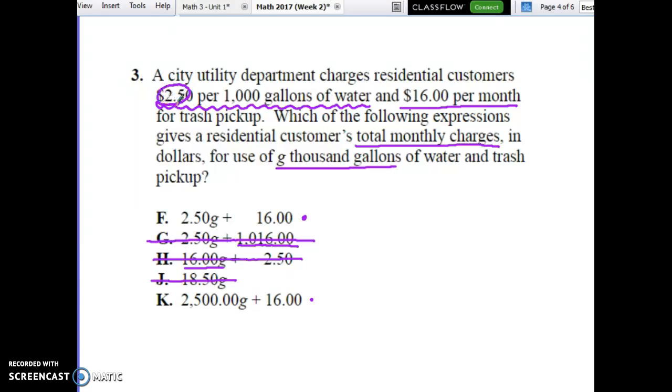So that's like in chunks of thousands already. So that's kind of been taken into account. So I'm going to go with answer choice F because this variable G is in thousands of gallons of water, and so is that $2.50 that I'm going to be charged. So again, answer choice F is what I will go with.